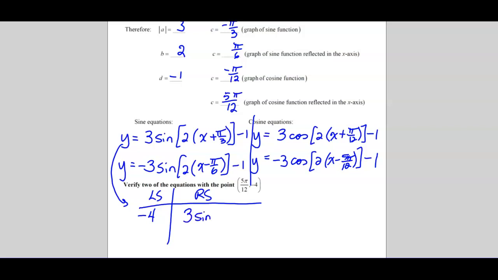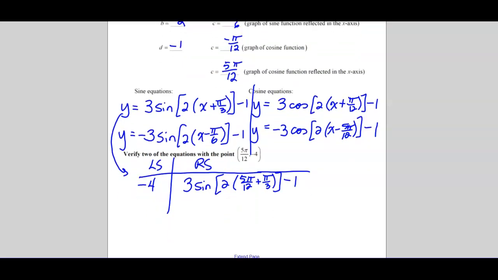My right, substitute that in. I'll do it in green here, I guess. Okay, so common denominator is 12, so that's 5 pi plus 4 pi is 9 pi over 12, which is 3 pi over 4.